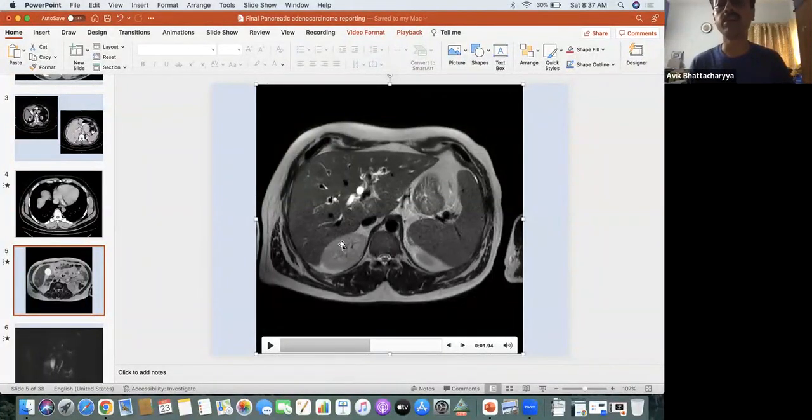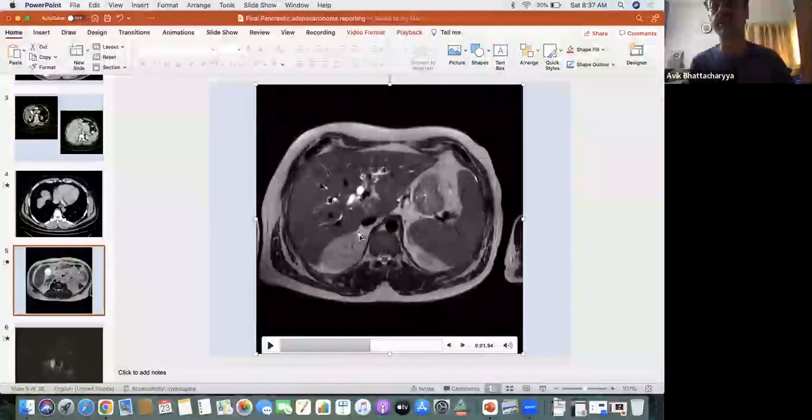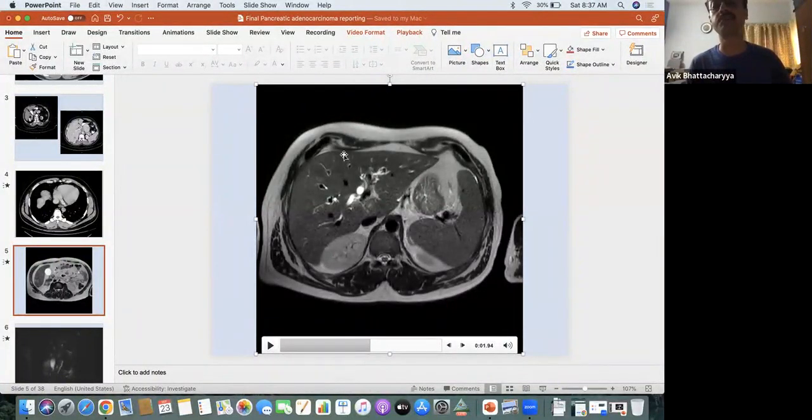Here, all the vascular structures would appear dark, black, and all the structures containing fluid, that means gallbladder, common bile duct, or stomach, would appear bright. This is the beauty of T2 weighted image. Here you can see this is aorta, black. This is inferior vena cava, and these are the portal venous branches, which are black. But just adjacent to it, these bright structures are the intrahepatic biliary radicals.